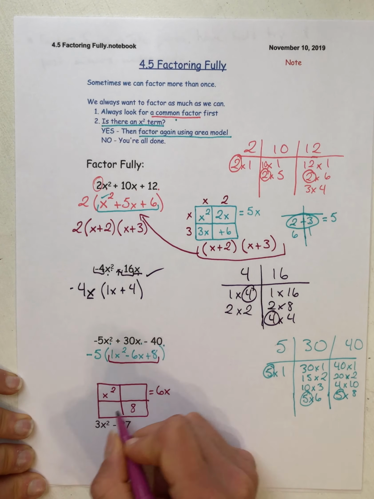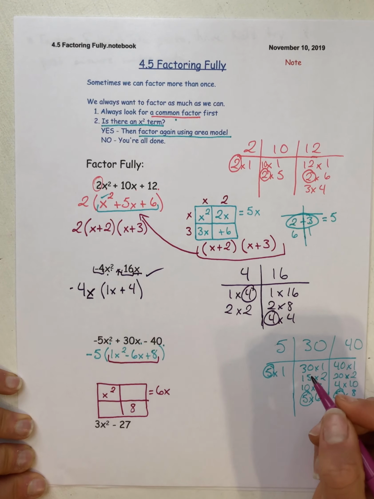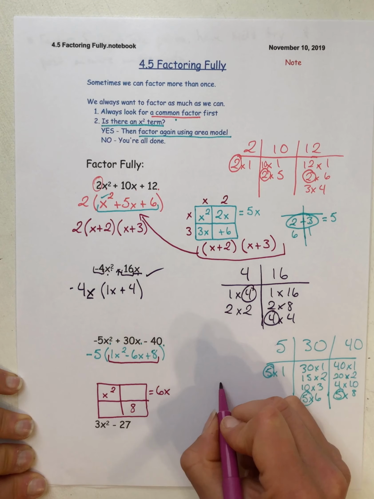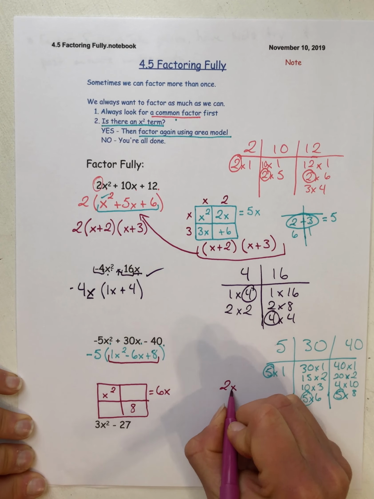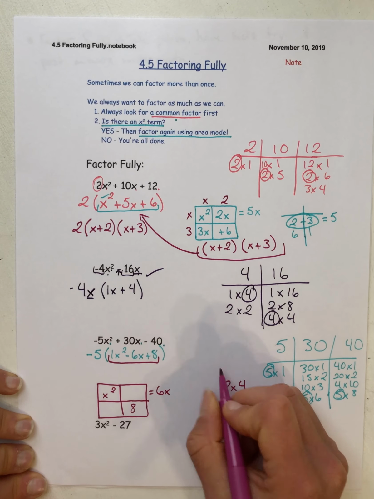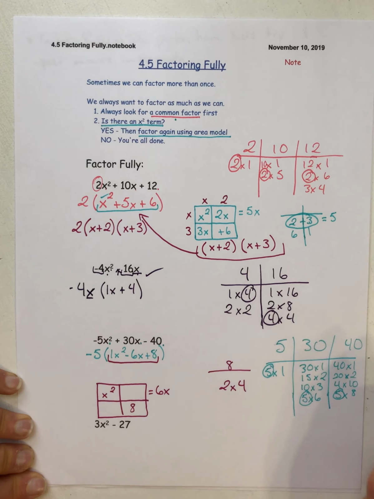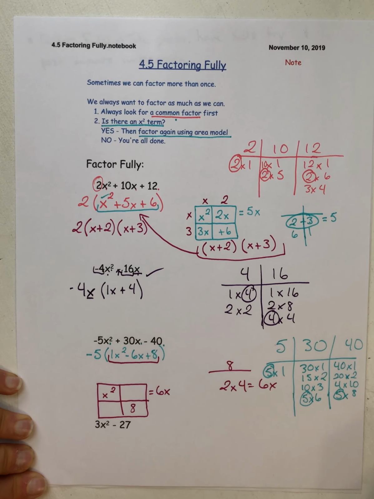Okay, so what adds together to give me 6x and multiplies together to give me 8? We can do 2 times 4, because to get 8 we can do 2 times 4, and we don't even need to look any further because we see that this equals 6.